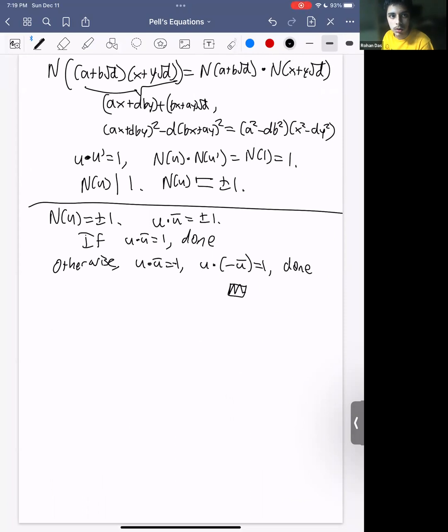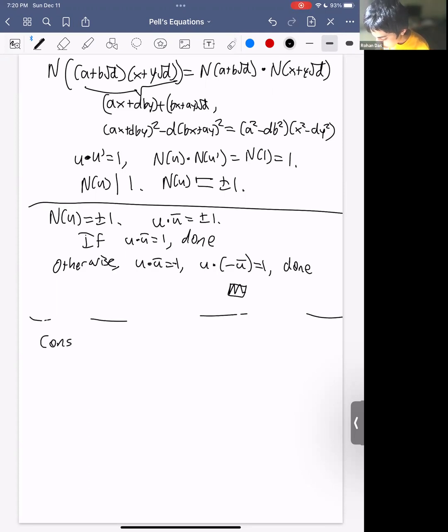For example, in the real numbers, there is no smallest real number greater than 1. So we can't assume this, and we have to find a way to prove it. But one thing we're assuming here is that there is even a unit greater than 1. We'll just black box this for now and assume it exists.